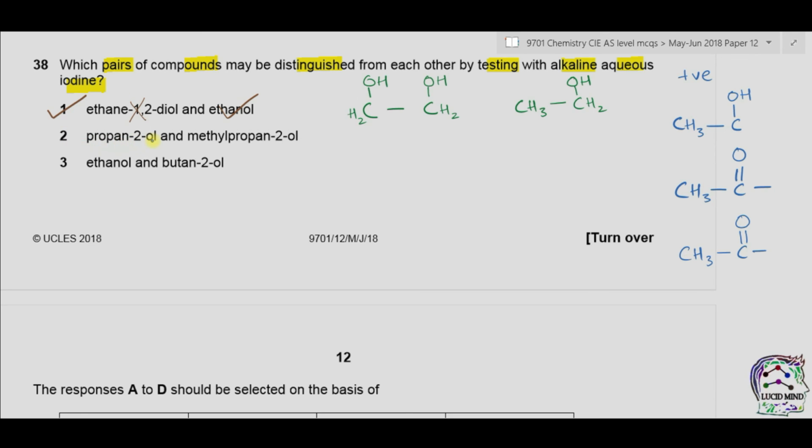Option 2 we have propane 2-ol. In propane we have 3 carbon atoms and 2-ol means that OH is on the second carbon. Second is methyl propane 2-ol. So again we have propane 2-ol and a methyl group is also present on the second carbon.